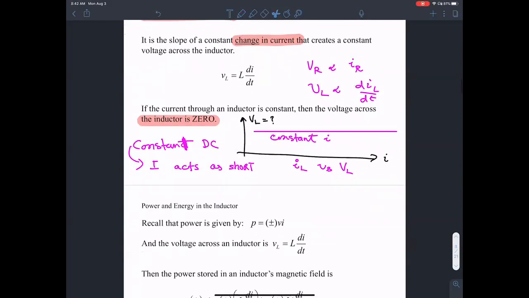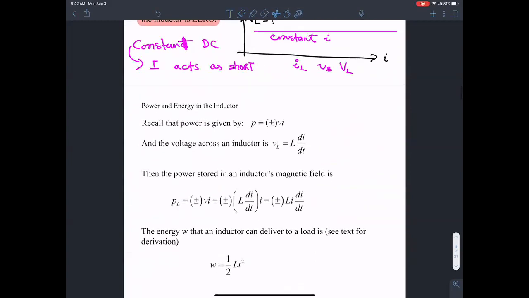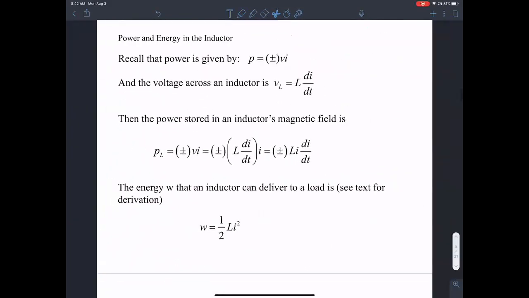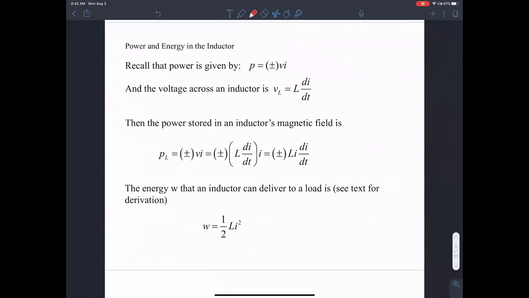Now, inductances have the ability to store energy in the form of a magnetic field. The amount of energy stored in an inductance is 1/2 Li squared.